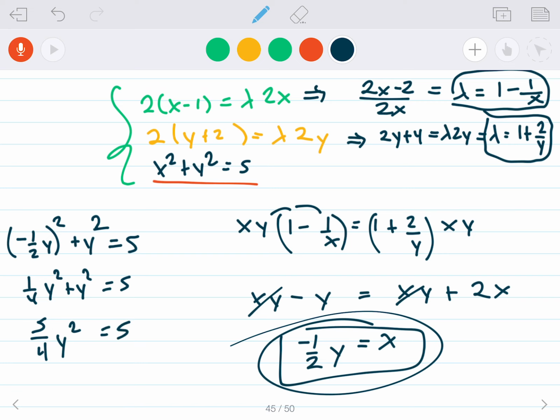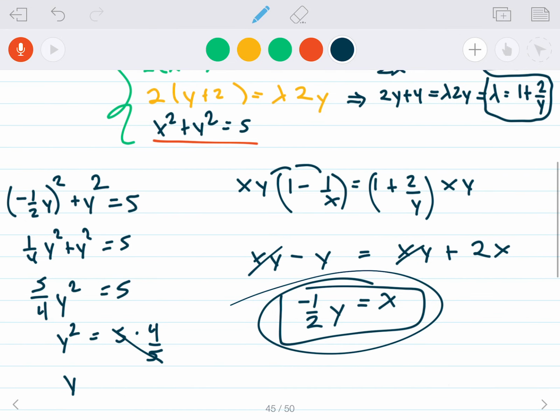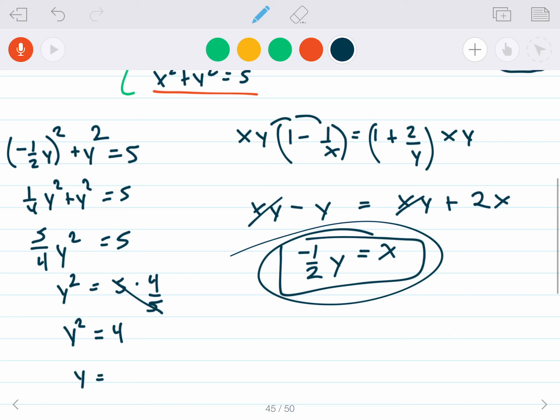Let's multiply both sides by the reciprocal, 4 over 5. So y squared equals 5 times 4 over 5, so y squared equals 4. And therefore, y is equal to plus or minus 2. So in the case that y is positive 2, we get x is equal to negative 1/2 times positive 2, which is negative 1.